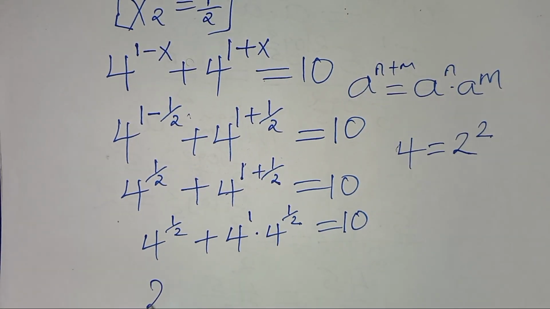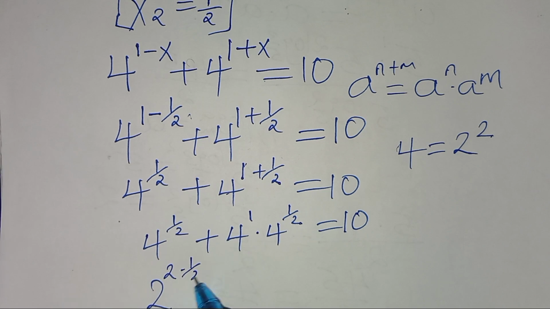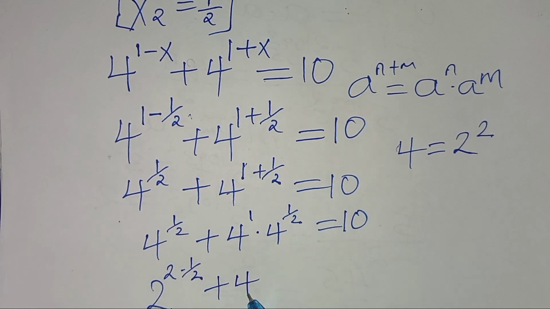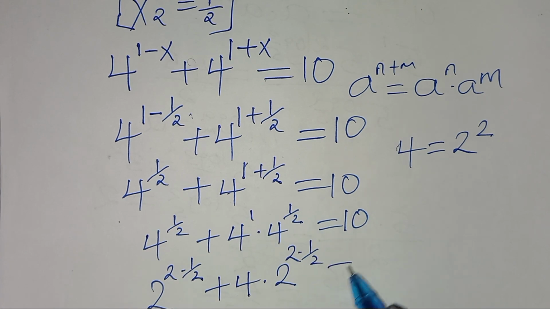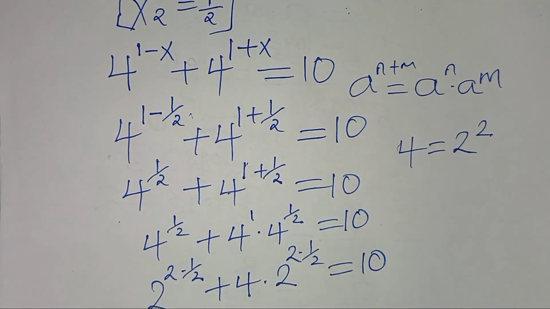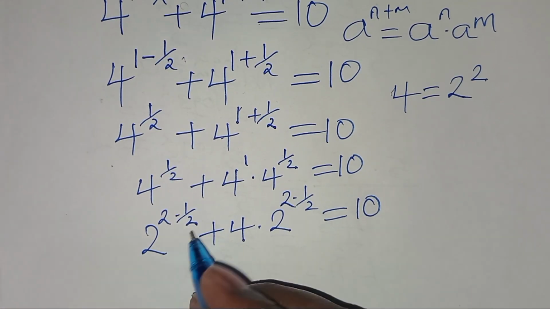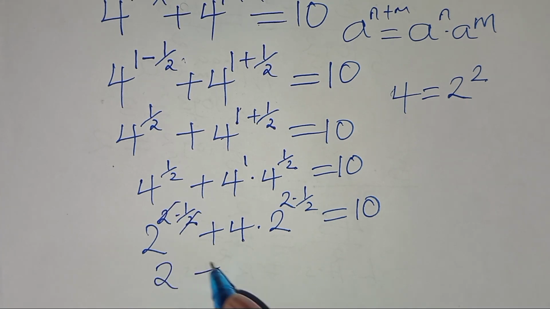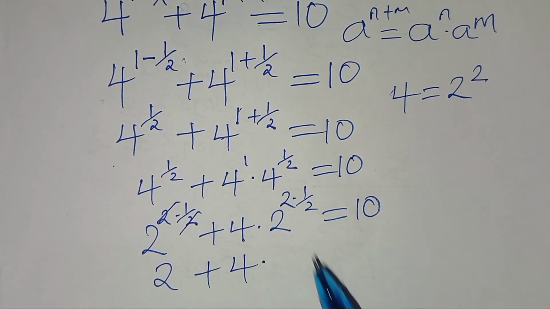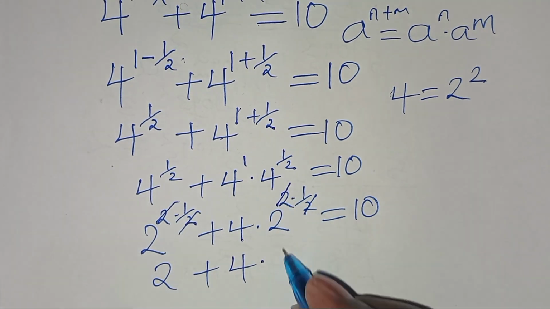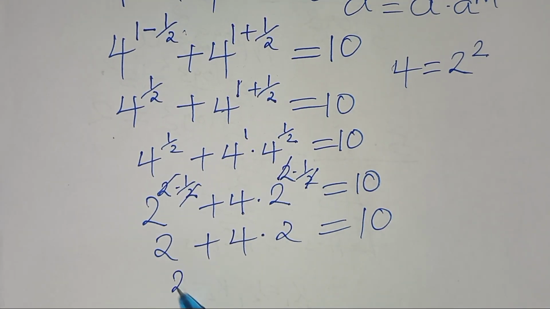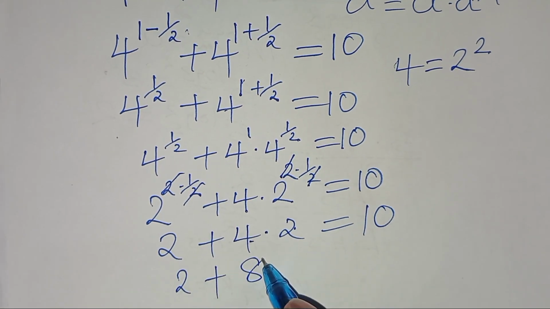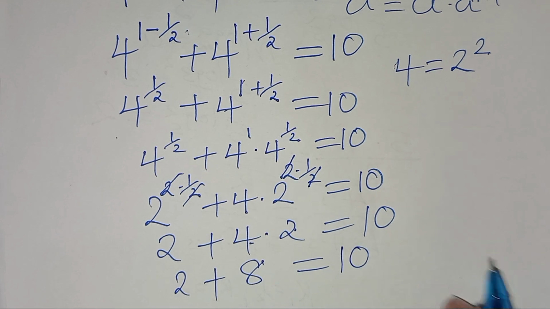Then this is 2 to the power 2 times half plus 4 times 2 to the power 2 times half. So let's simplify here. So this is 2 plus 4 times 2. This should give us a value of 10. So here is 2 plus 4 times 2, this is 8.